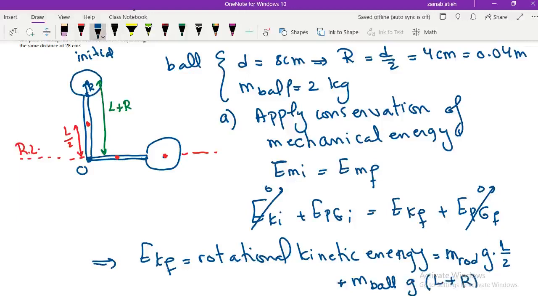I have L, I have R, I have the mass of the rod. I will multiply and I will get my answer.